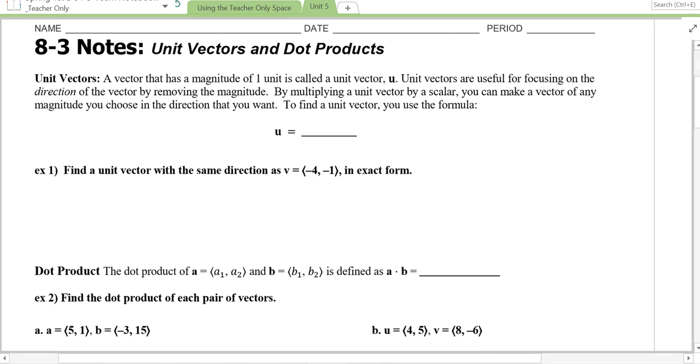And basically the way this works is a unit vector has the same direction as your vector, but it only has a magnitude of 1. So it's like the i and j vectors that we talked about earlier.